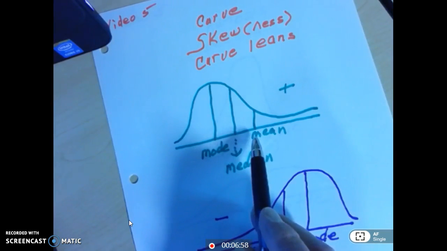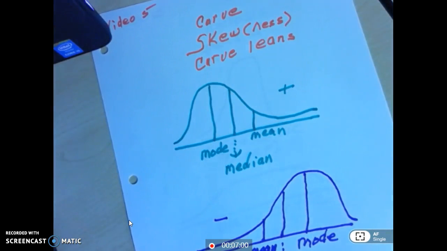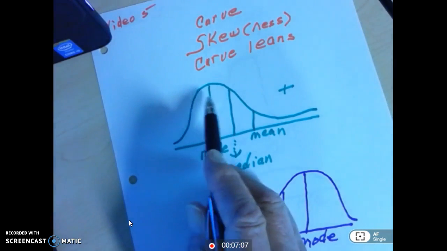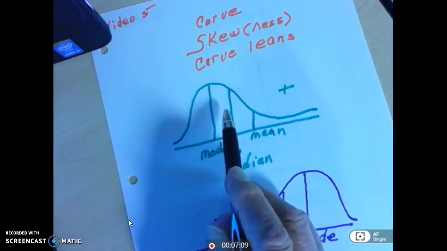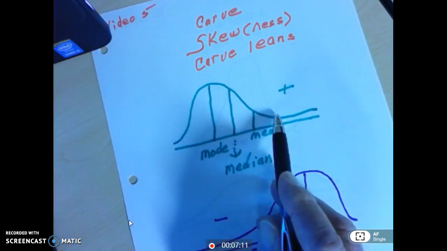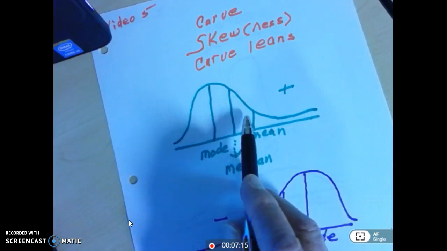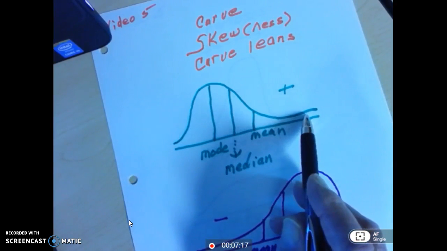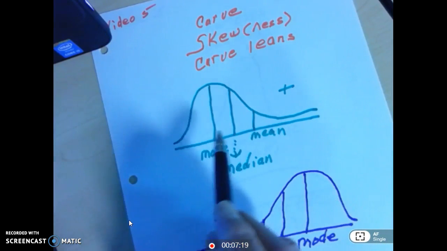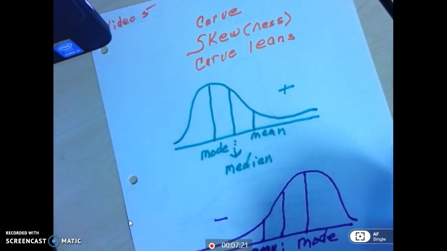If we have given a test and there are a lot of low scores, we would have the bulk of the low scores down here, and then you will see the tail here. The tail is positive. So remember that. This is skewness, and you go with the tail.